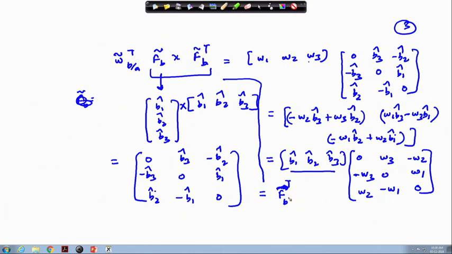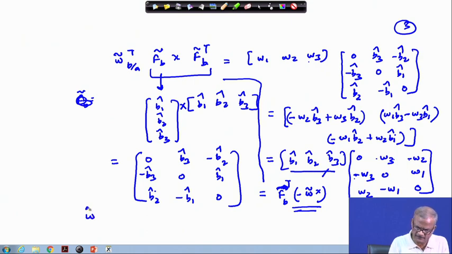So, F B tilde transpose, this is the quantity, and this quantity is nothing but minus omega tilde cross, because in the omega tilde cross the minus sign comes here. So, the things have got reverted. If you take out the minus sign, you will see that here it will be minus plus, and similarly the other places. So, this is the quantity that we are getting. So, this can be reduced to this format.